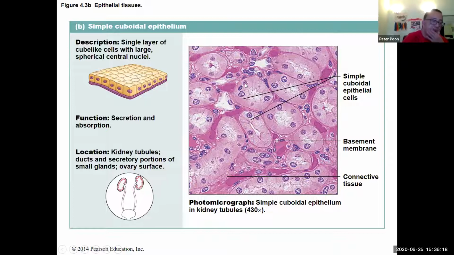This is a renal tubule that is secreting stuff. And so it literally needs one single layer of very thin cells facing the hole. The hole is right here in the middle, and the layer around it is secreting things into that hole. Simple cuboidal epithelium.